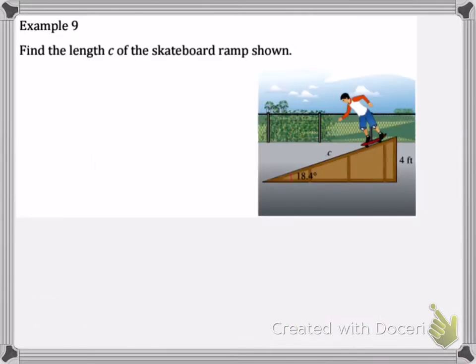And the last example, find the length C of the skateboard ramp shown. So I have this side opposite it and I have the angle, so I'm looking for the hypotenuse. So I will be using sine again. So it's the sine of 18.4 equals opposite over hypotenuse.